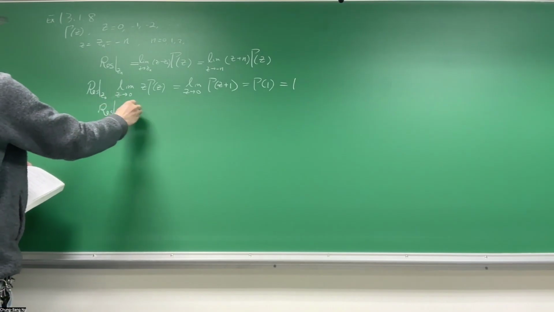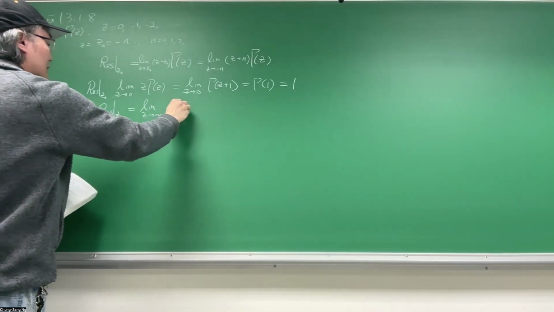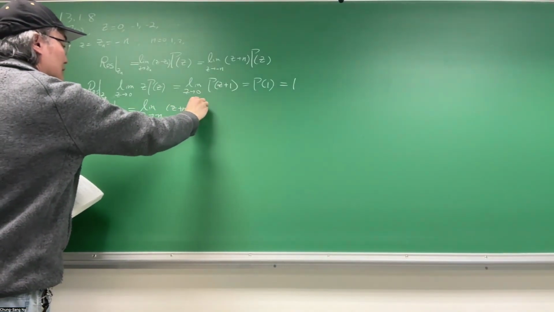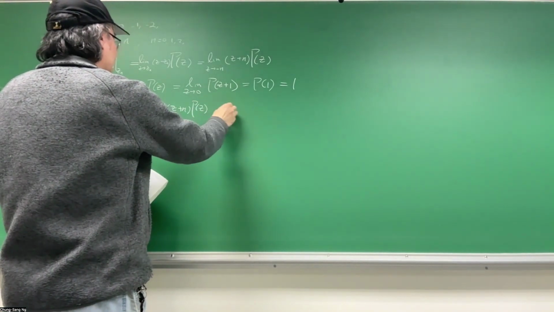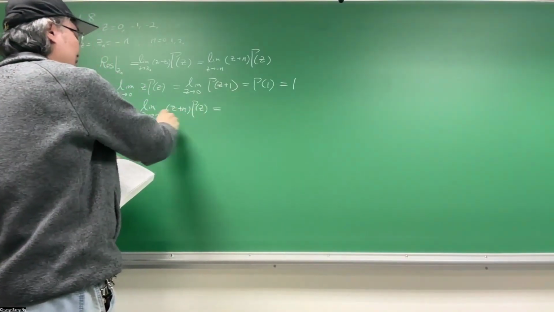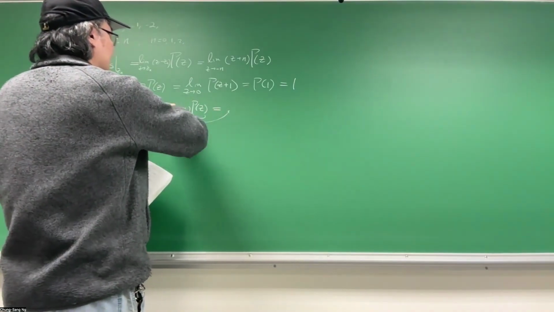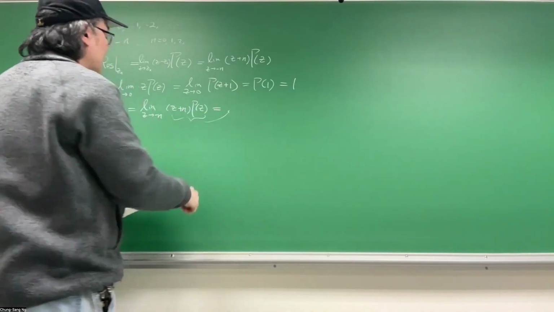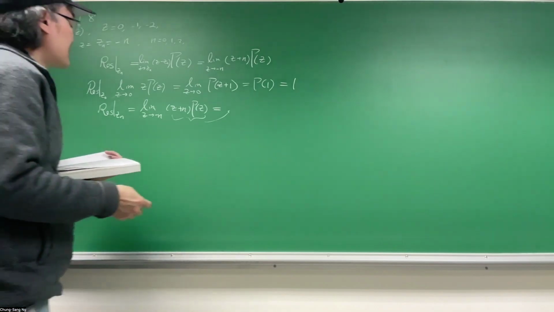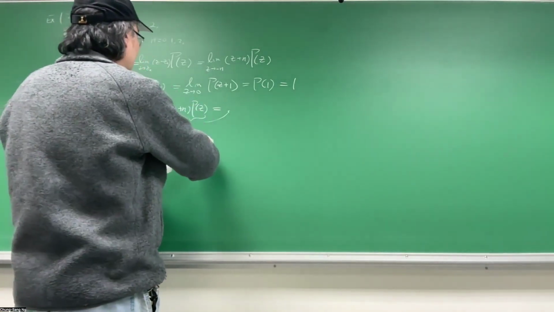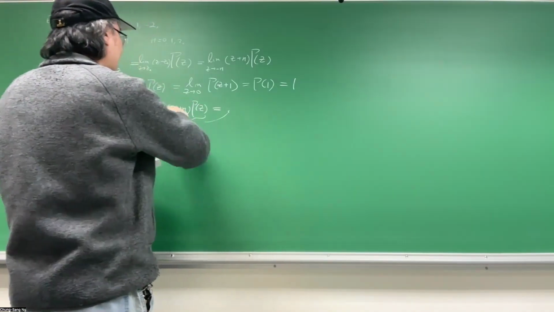The residue at z sub n becomes the limit of z plus n times gamma z, and now we just keep doing this, trying to reduce it to something similar. How do I do that?